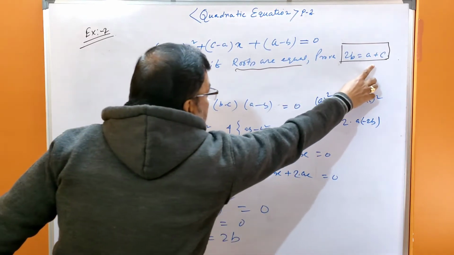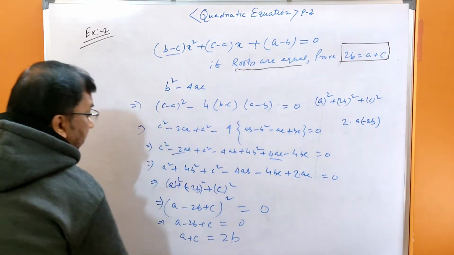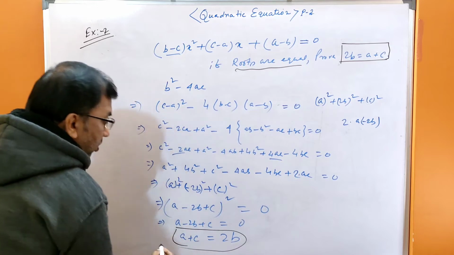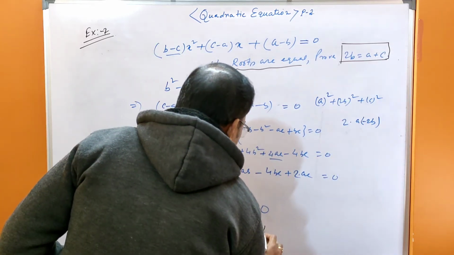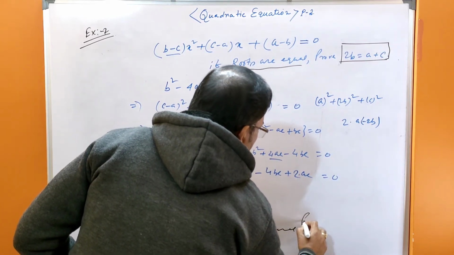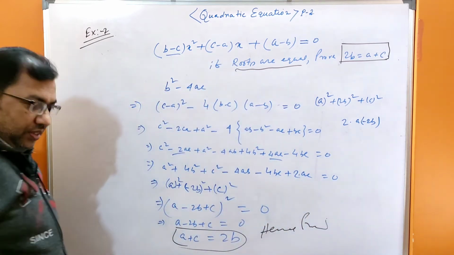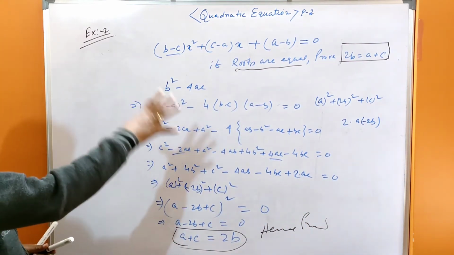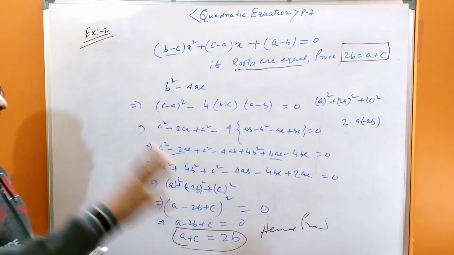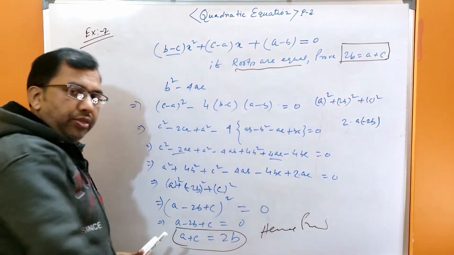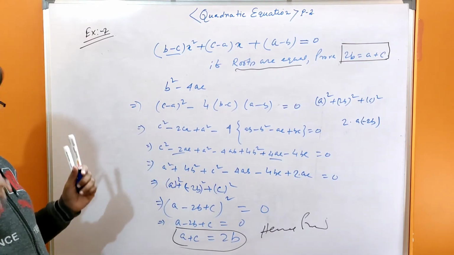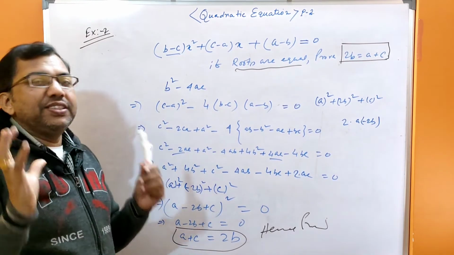What is given? a plus c equals to 2b. Hence proved. This is proved, and this is very important. You have to find out this, then it will automatically come. But at the ultimate actual concept, what?